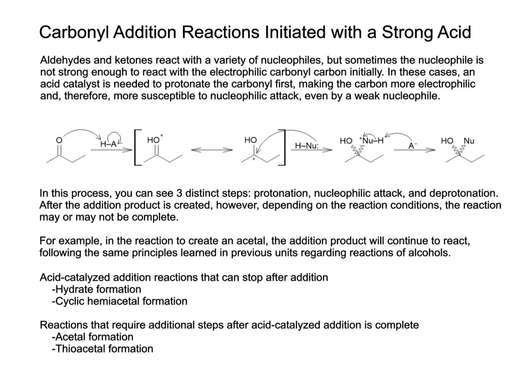Regarding acid-catalyzed addition reactions that can stop after the addition without any additional steps, we have hydrate formation and cyclic hemiacetal formation. We also have a couple of reactions that have additional steps after the acid-catalyzed addition is complete, and that is the acetal formation reaction as well as the thioacetal formation. Let's go over these reactions next.